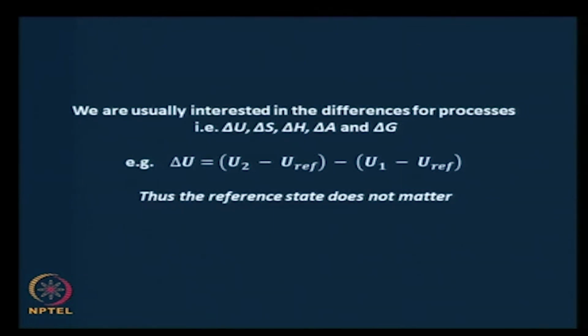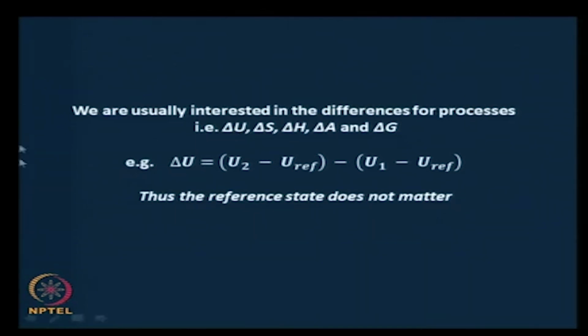If you are interested in a process, it does not really matter what reference state you take, because in a process we are interested in delta U, delta S, delta H, delta A and delta G, a delta referring to the value at a final state minus the value at an initial state.